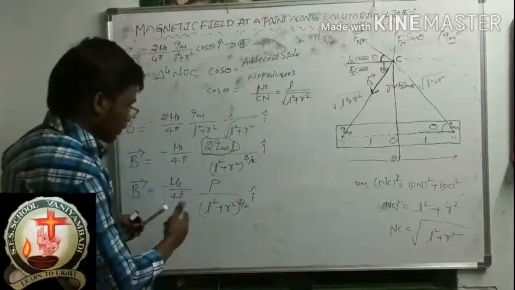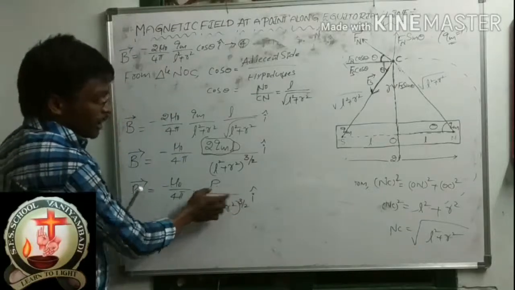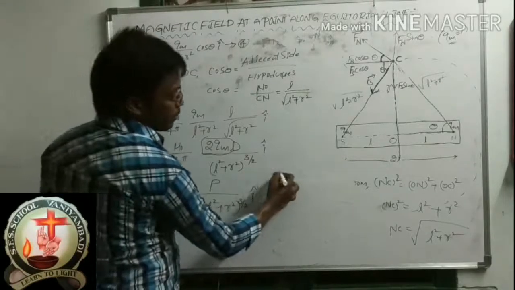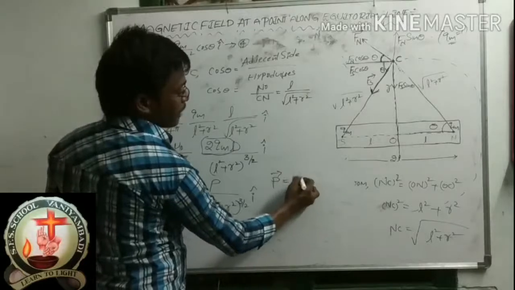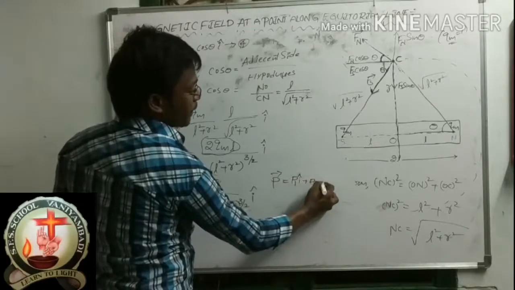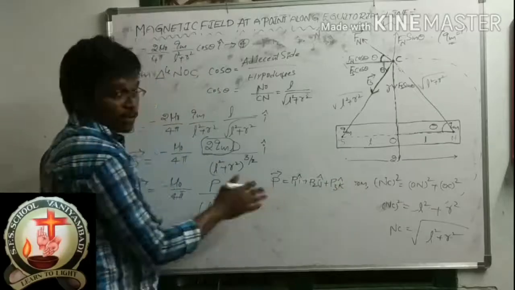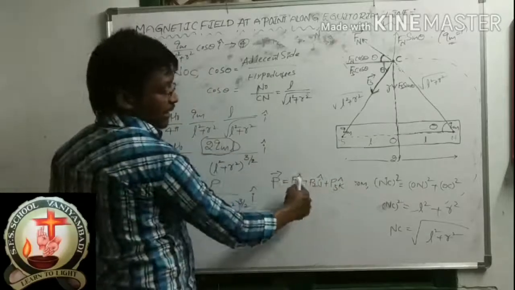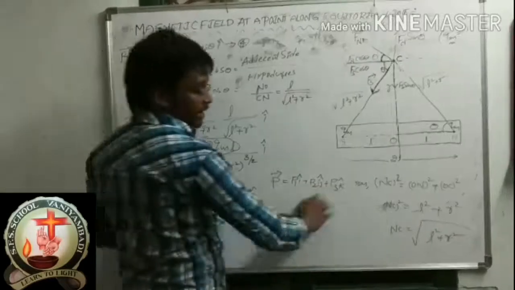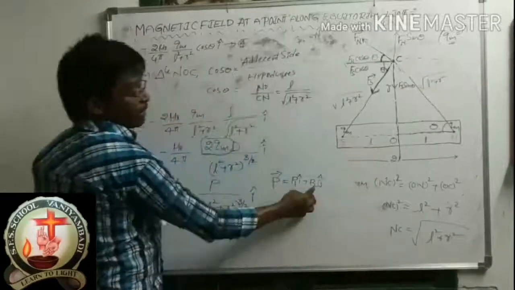You know already P bar is equal to P1 I cap plus P2 J cap plus P3 K cap. If a vector is moving in 3 dimensions, it has I cap, J cap, K cap. If a vector is moving in 2 dimensions, I cap plus J cap only.